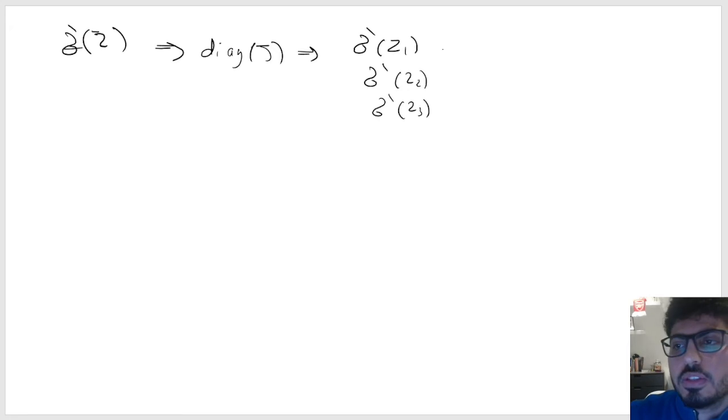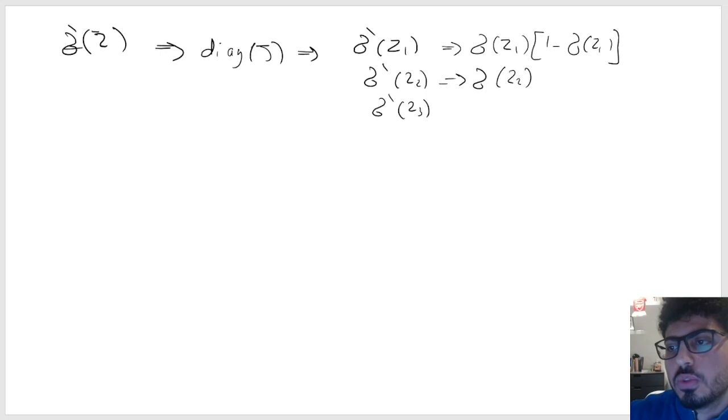So this will be sigmoid of z1 times 1 minus the sigmoid of z1, sigmoid of z2 times 1 minus the sigmoid of z2, and lastly sigmoid of z3 times 1 minus the sigmoid of z3.